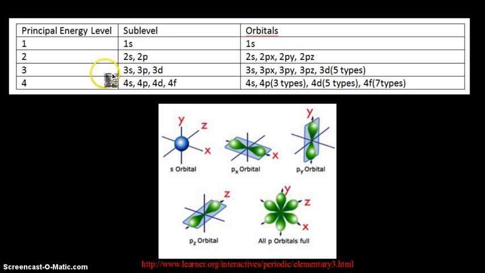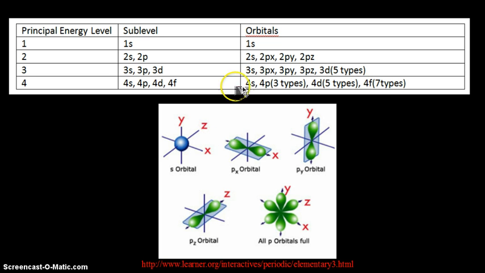And you can see every time an energy level is added, another sublevel is also added. So the third energy level has three sublevels, and the fourth has four. The d's have 5 types, the f's have 7 types. If we were looking at g's, g's would have 9 types, and so on and so on.